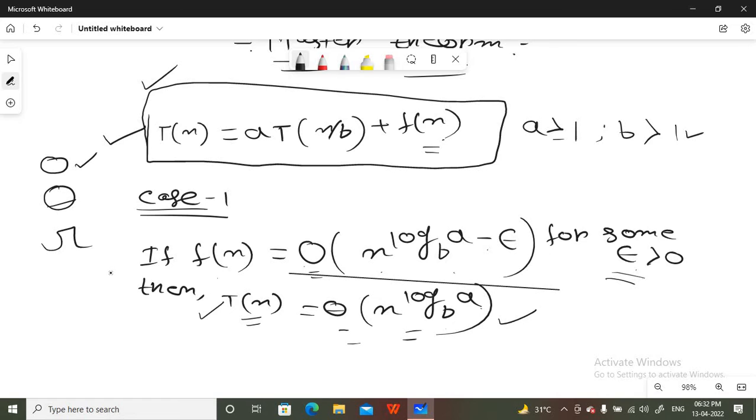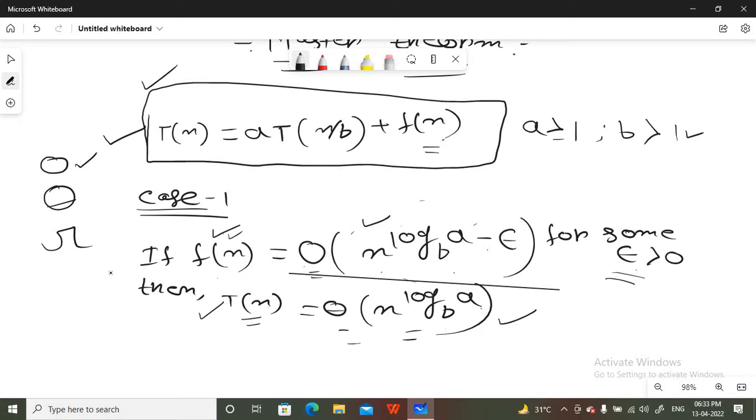The big O means this one should be greater than this function.